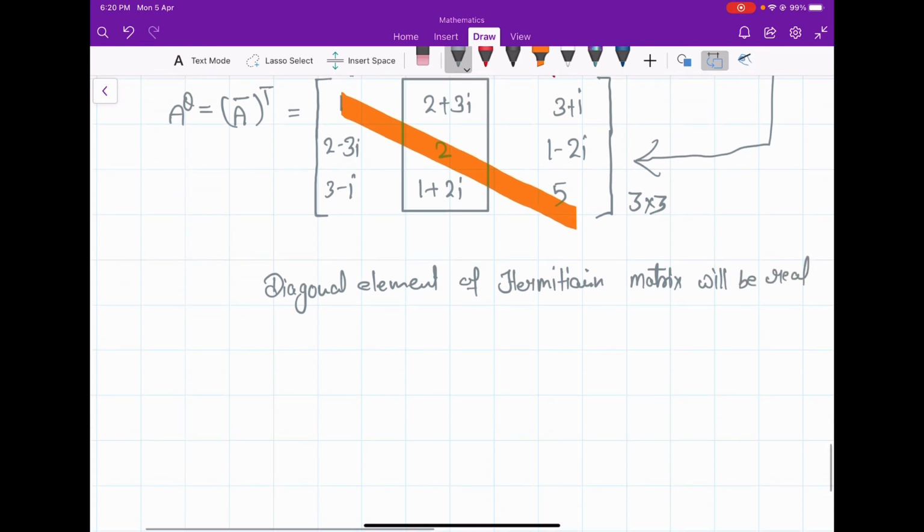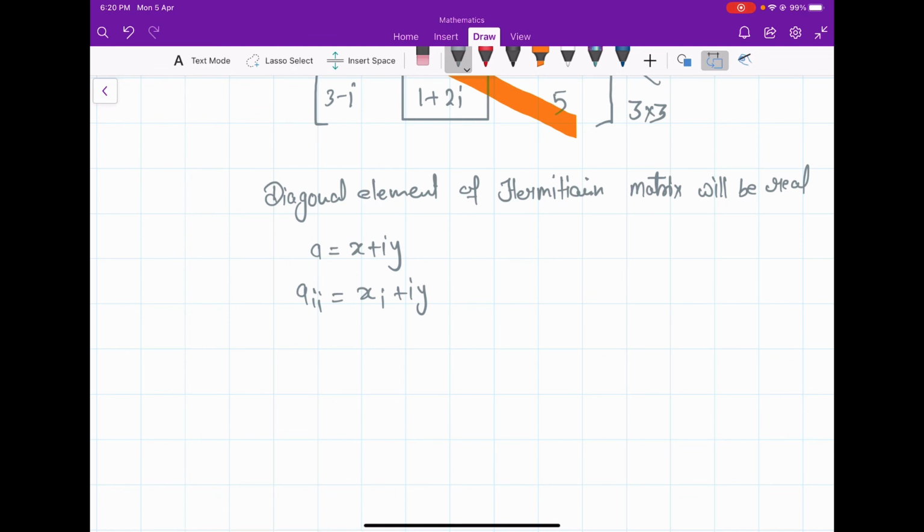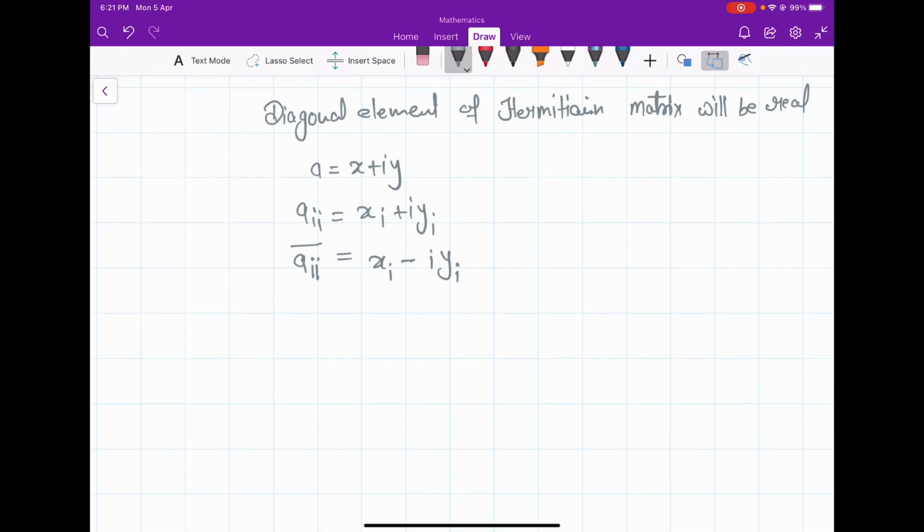How? Suppose Aii is equal to xi plus i yi. Its complex conjugate will be xi minus i yi. By the definition of a Hermitian matrix, Aii is equal to its complex conjugate.